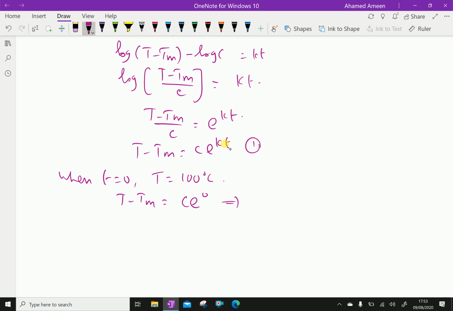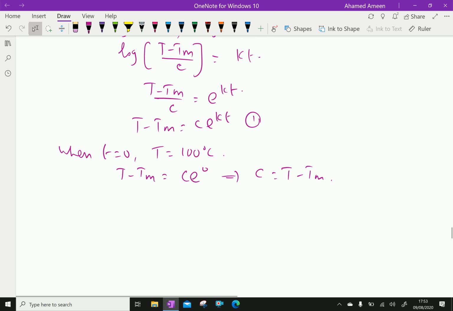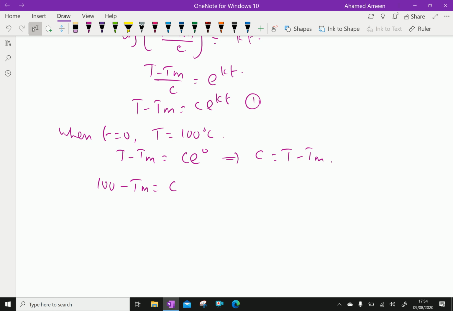From that we can say c equal T minus Tm. Therefore, 100 minus Tm equal c.